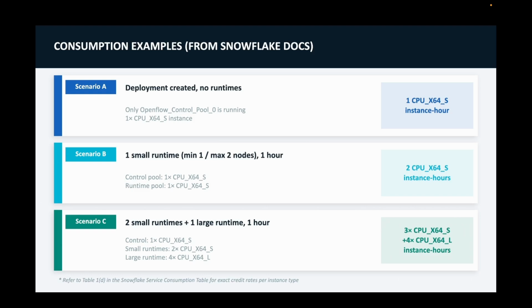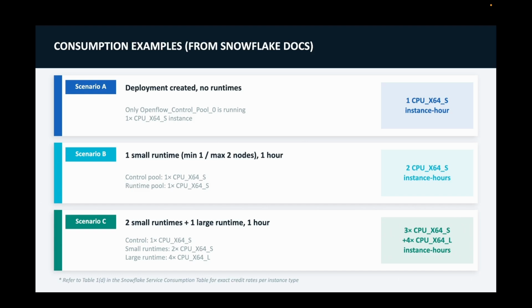In scenario C, two small runtimes plus one large runtime for 1 hour. The way it goes is it will need a control plane or a control pool that is running on CPU x64s. And then you have a small runtime that uses two nodes because you are creating two small runtimes.